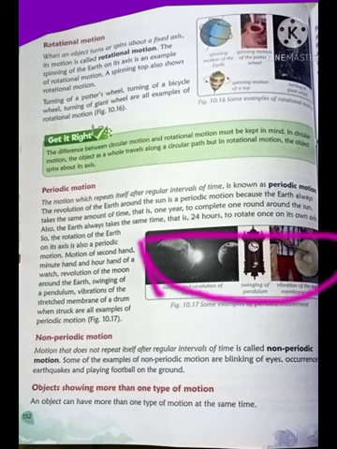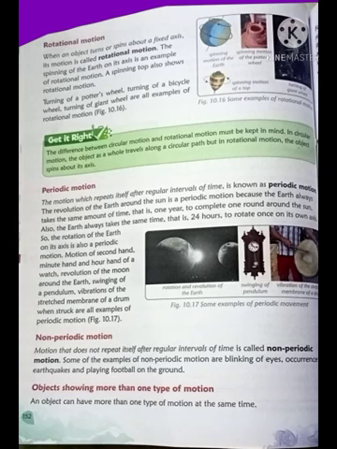Periodic motion. The motion which repeats itself after regular intervals of time is known as periodic motion. The revolution of the earth around the sun is a periodic motion because the earth always takes the same amount of time, that is 1 year, to complete one round around the sun.